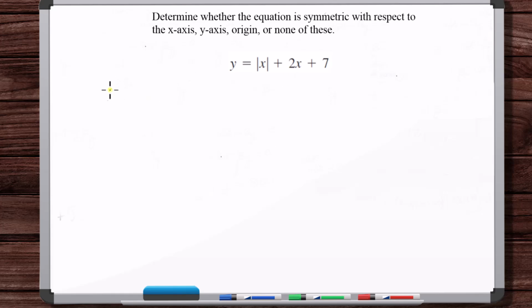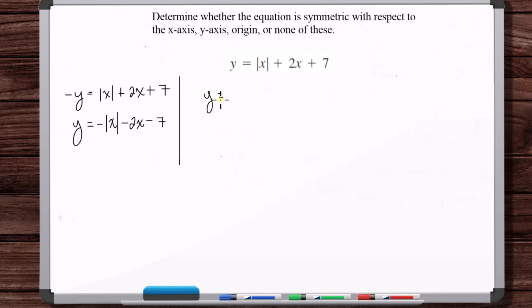Okay, let's check symmetry with respect to the x-axis. So replace y with minus y. That is not the same equation. Okay, let's check symmetry with respect to the y-axis. So let's replace x with minus x.